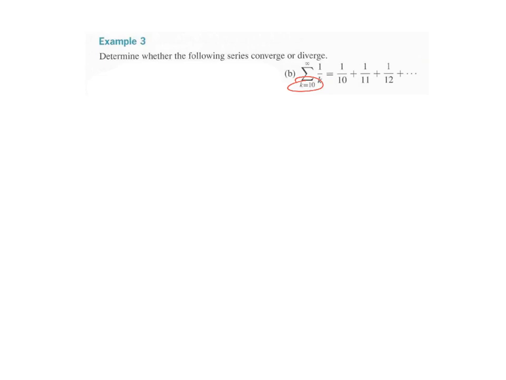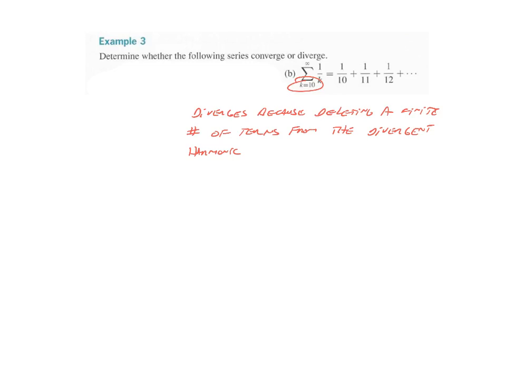So this one would be like, okay, diverges because deleting a finite number of terms from the divergent harmonic series does not affect its divergence.